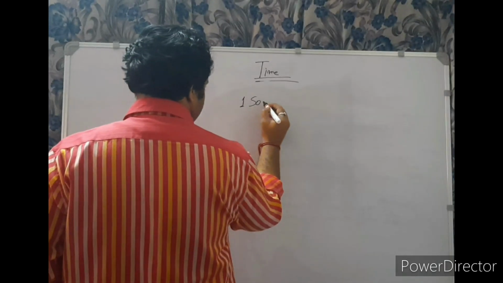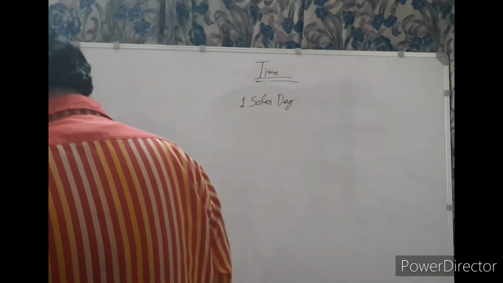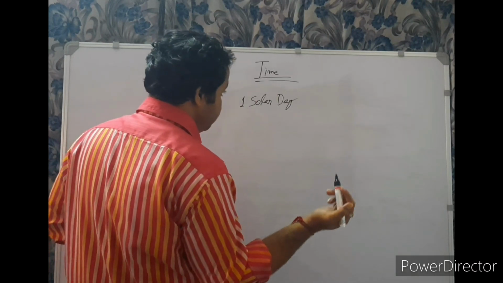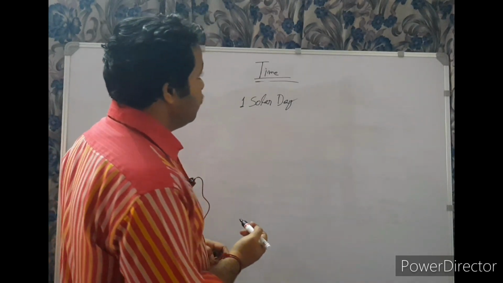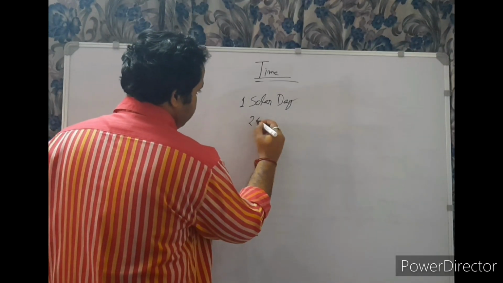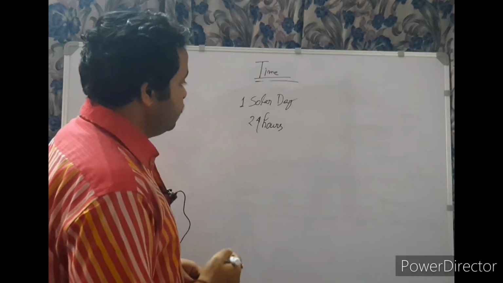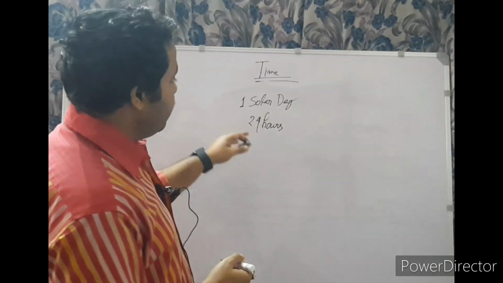What did we use? We use for the student 1 solar day. 1 solar day means, we all know, the time taken for one single day, right? So what is it? 24 hours. 1 solar day means 24 hours. So we converted this 24 hours into seconds.